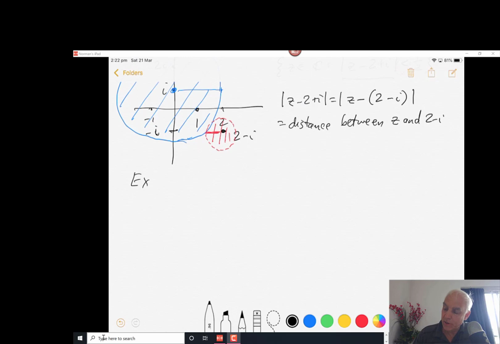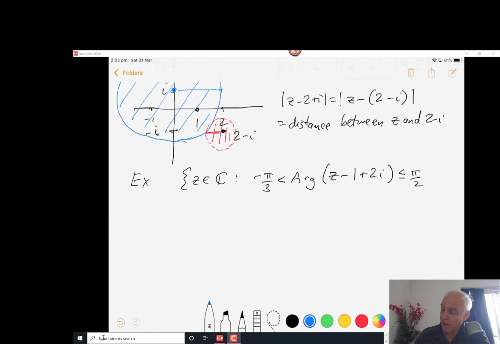Let's consider the set of z in C such that the argument of z minus 1 plus 2I is between minus pi by 3 and, say, pi by 2.